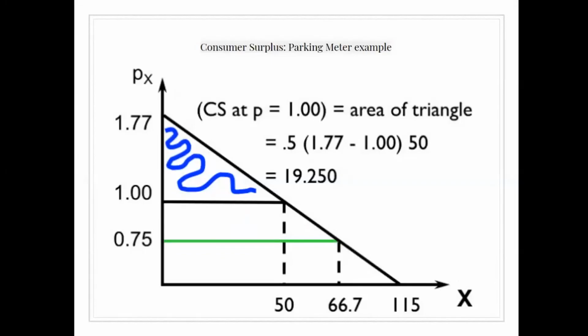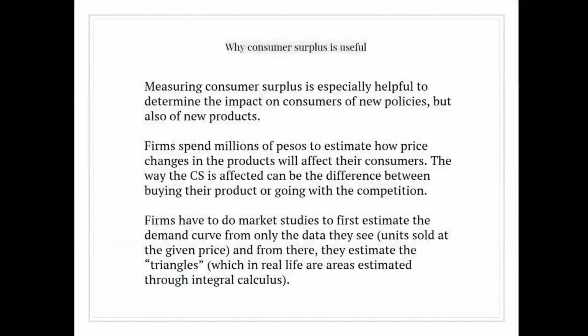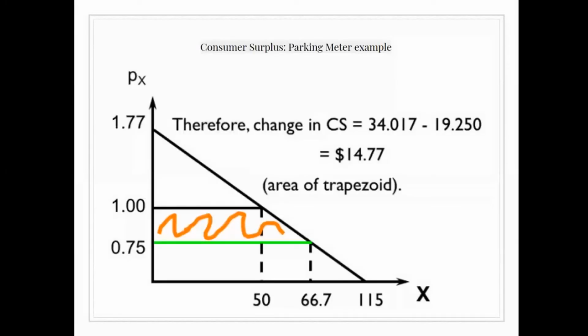So essentially, this policy decision affects consumers, and the lost consumer surplus is this orange trapezoid that we now don't have. You can also calculate that, and the calculation is the difference between both triangles, which in this case is that consumers lost almost $15 because of this policy decision.